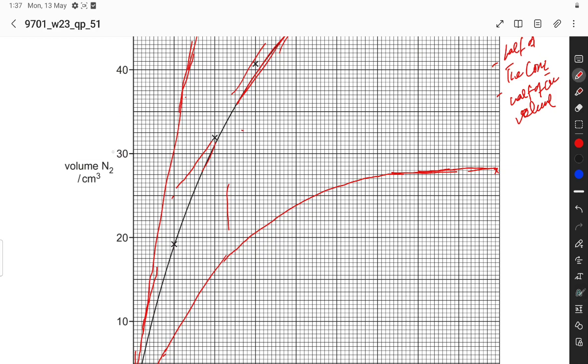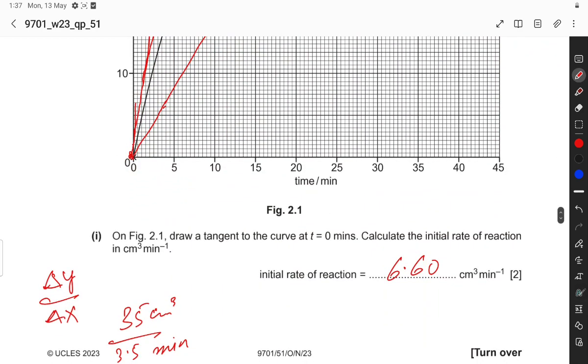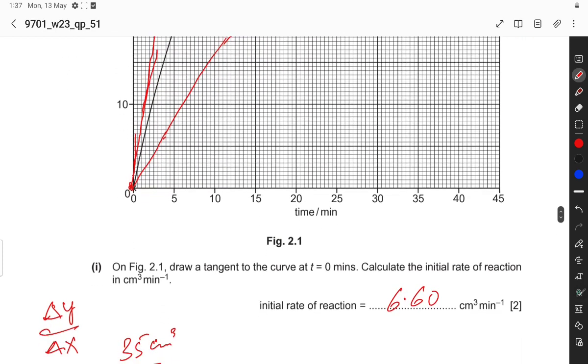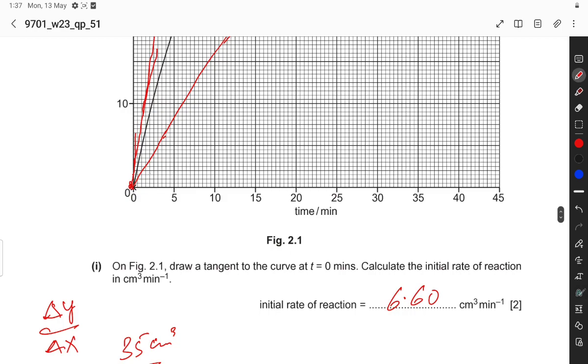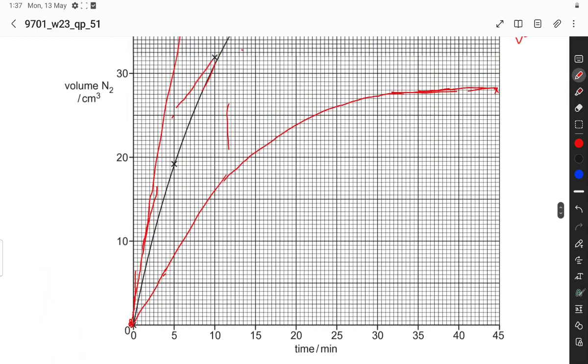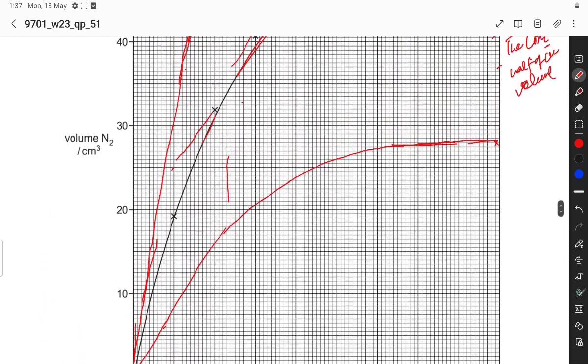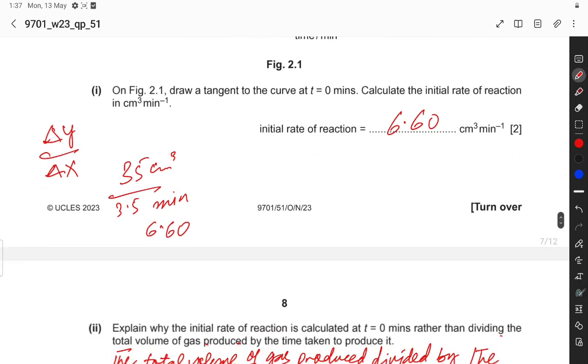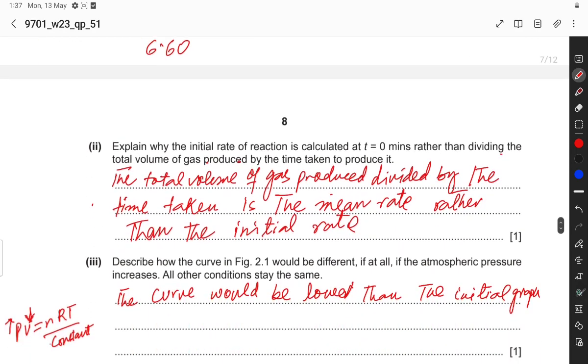So I use 35 cm cube as delta y, and the other coordinate is 3.5. So these are the two coordinates, dy and dx, on the tangent. After drawing the tangent, take any point. According to my point, this is 35 cm cube divided by 3.5 minutes, which is equal to 6.60. The initial rate of reaction is 6.60 cm cube per minute.